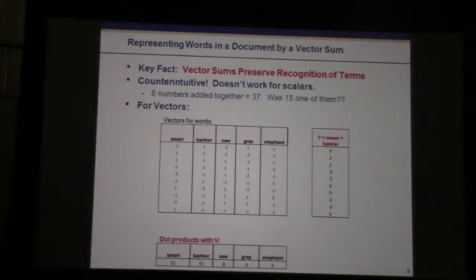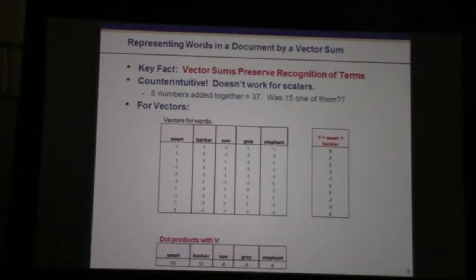You have to worry about the capacity of the vector. The longer the vector, the surer you are. There's always room for error, and so on. What I mean by dot product is we multiply the corresponding components, -1 times 0, 1 times 2, and so on, and add them up. That gives us the dot product. And this says that Smart and Banker were in the vector, and in fact this vector B should be the sum of Smart and Banker.